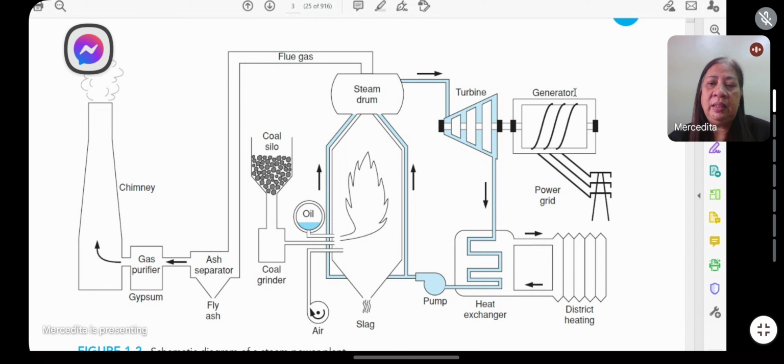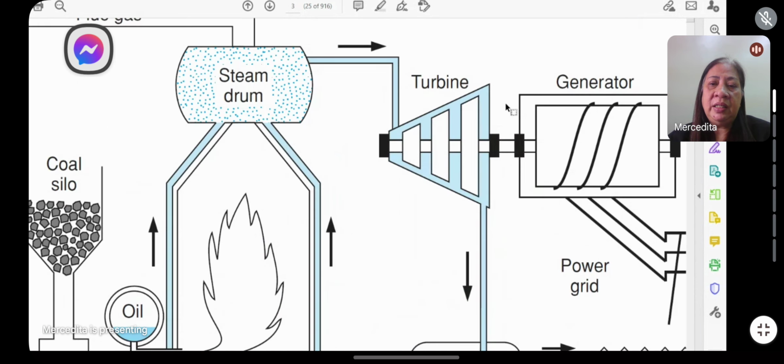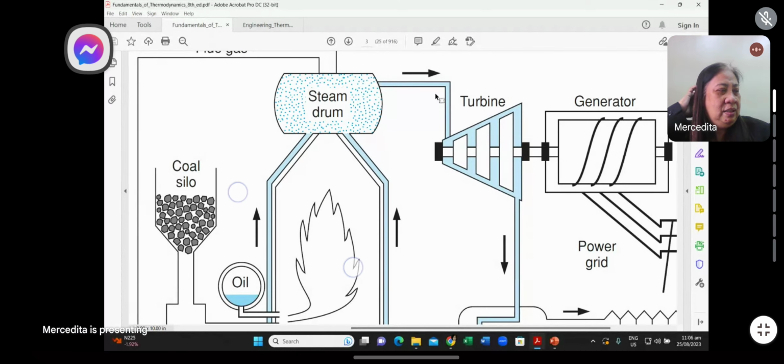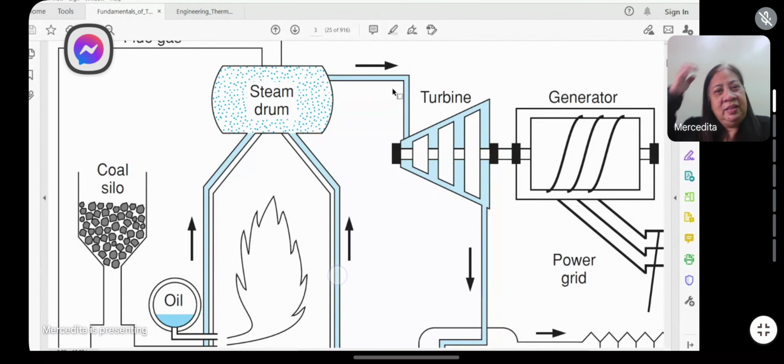So, we have here the turbine. Ang turbine is a mechanical device wherein meron siyang mga blades dito. Okay? Yun yung pagtama ng ating high pressure, high temperature na steam, iikot yung mga blades. Okay? So, para siyang wind turbine. Sa wind turbine naman, ang nagpapatakbo ay wind. Yung wind turbine sa Ilocos. Okay? Nag-field trip kayo doon.